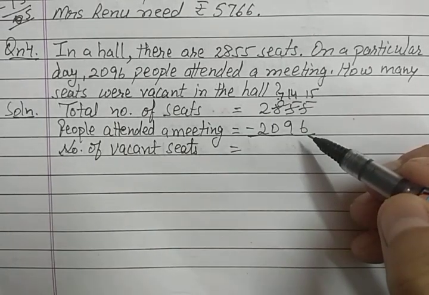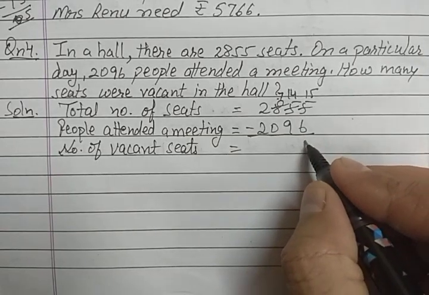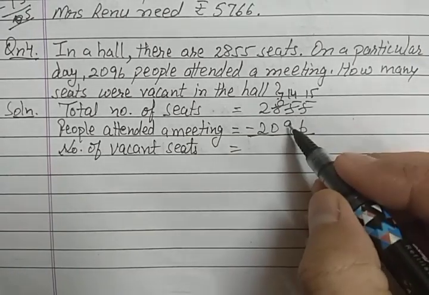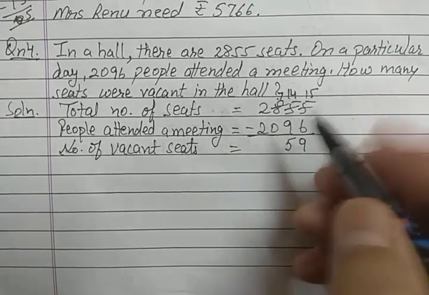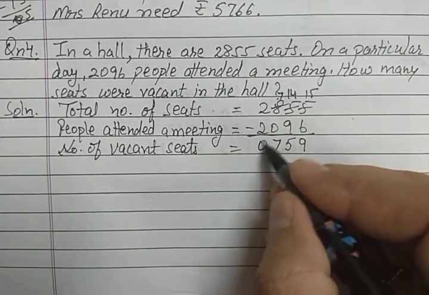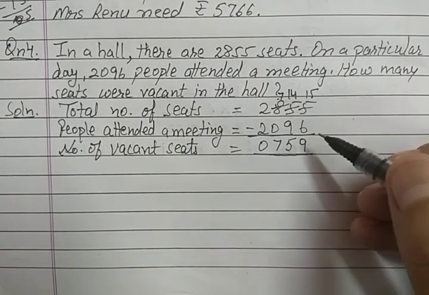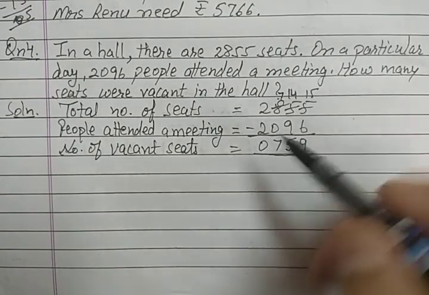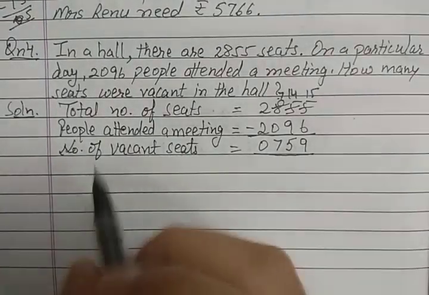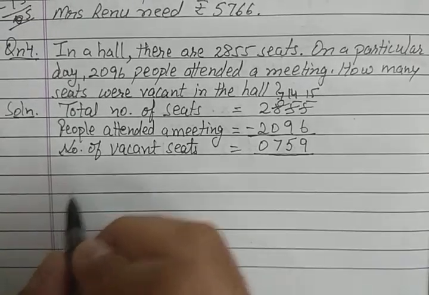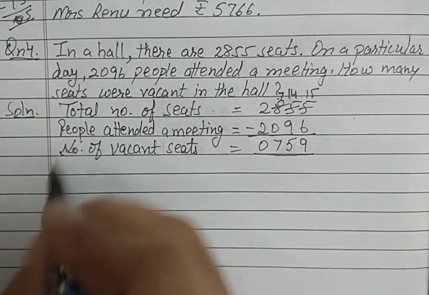Now start subtracting. 15 minus 6 is 9. Then 14 minus 9 is 5. 7 minus 0 is 7 and 0. So here is the number of vacant seats. So we will write 759 seats were vacant in the hall.